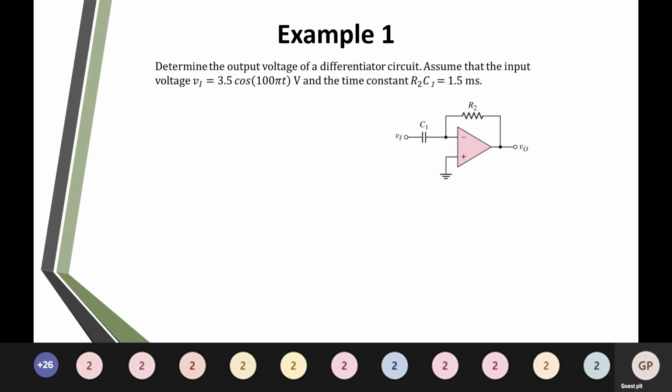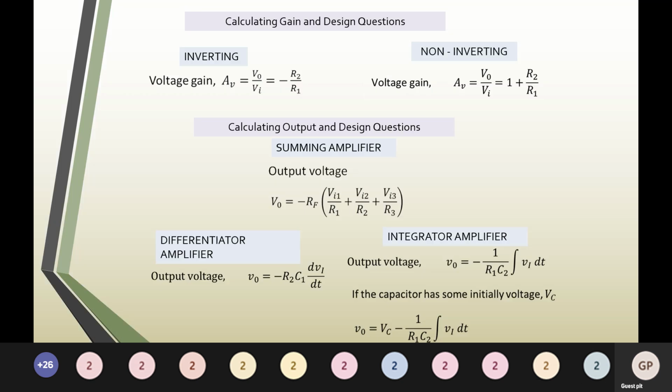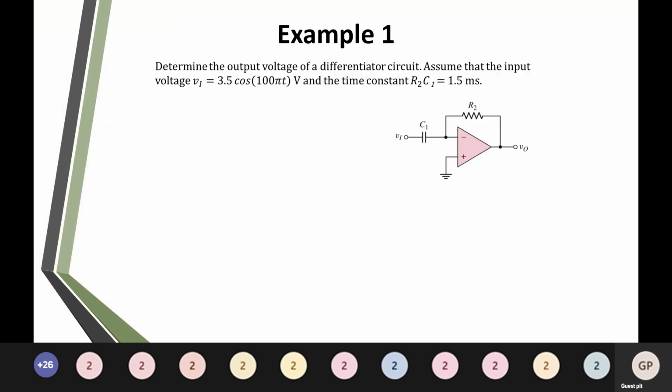The differentiation of cos theta is minus sin theta, and for cos 100 pi t with respect to t, you get 100 pi extra. So it is 3.5 into 100 pi, minus 3.5 times 100 pi sin 100 pi t. Evaluate all these things and you'll get the answer.